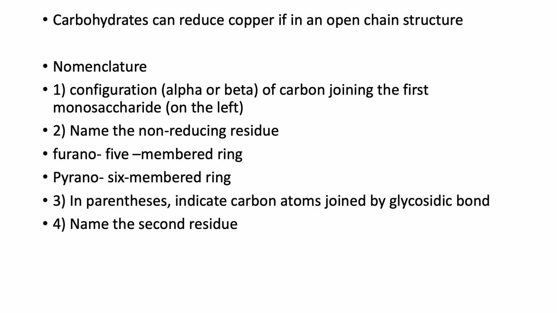So in order, it's configuration, non-reducing residue, either furano or pyrano, then in parentheses, whatever the carbon atoms are that are involved with the glycosidic bond, and then the second residue.